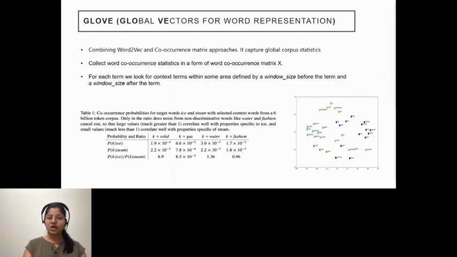But water and solid has a high probability as compared to gas. And fashion is just a random word they used to get this probability, and it shows that it incorporates the global information, what is the meaning of a word. So let's move to the next one.